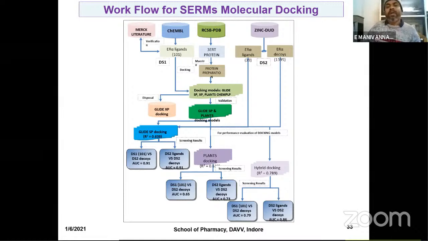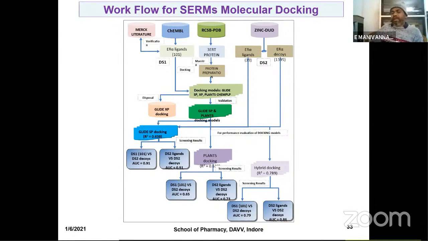Initially, what we did is protein preparation. The docking was performed with Glide software from the Schrodinger software program, Glide standard precision and extra precision, and another software used is PLANTS software with the ChemPLP scoring function. So the docking models are the SP model, the XP model, and the PLANTS ChemPLP scoring function.